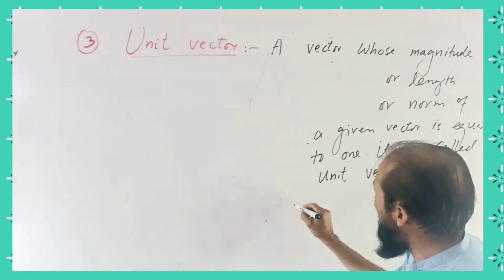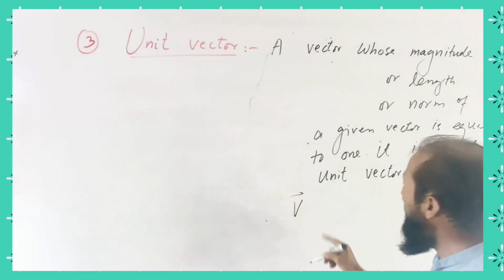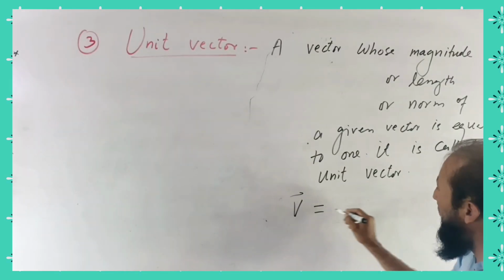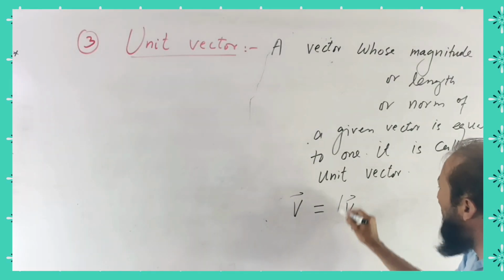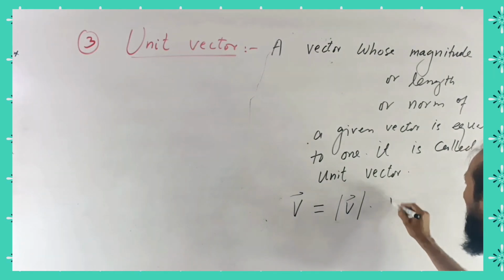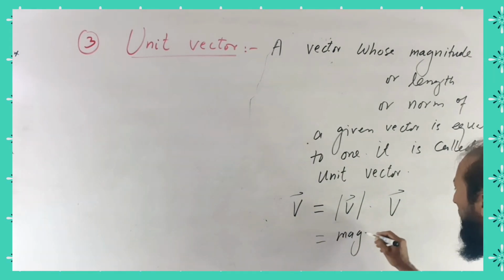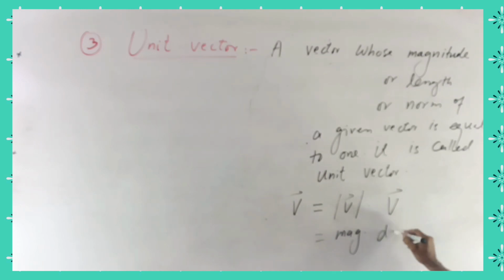For example, V is any given vector, and it has magnitude and direction.